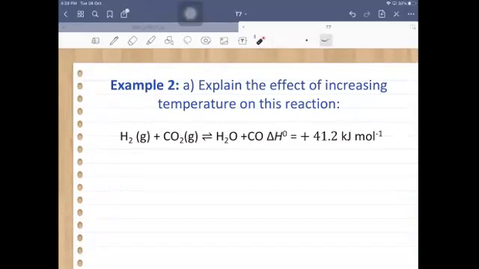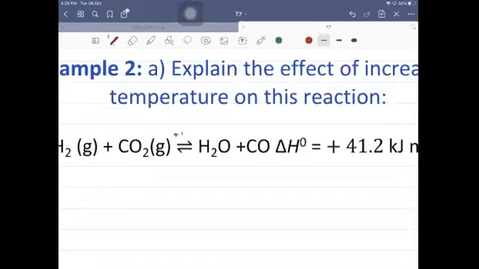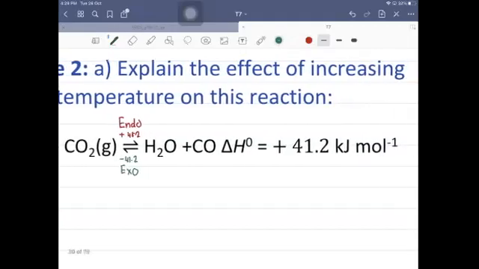And the enthalpy change, the delta H is positive, which means forward is positive 41.2. So that's forward endo. And the reverse is negative 41.2, reverse exo. Right? Explain the effect of increasing temperature.